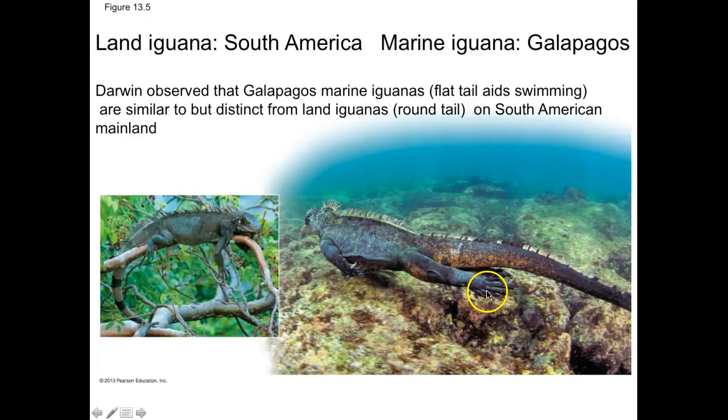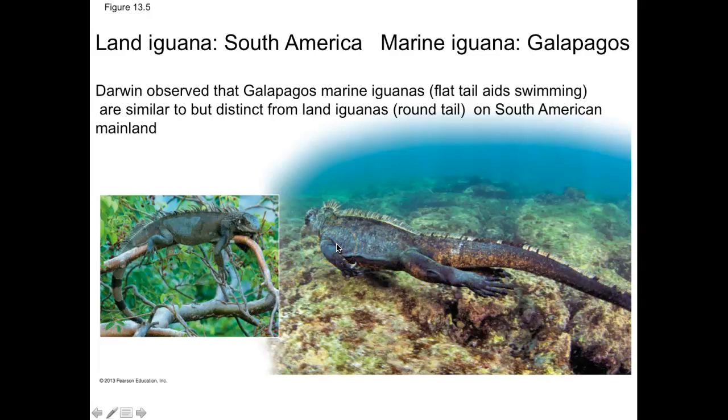This iguana had finned digits, webbing in between the digits, whereas the land iguana did not. This would help it swim in the water, and there are other adaptations you can't physically see, but you can see how similar they are.